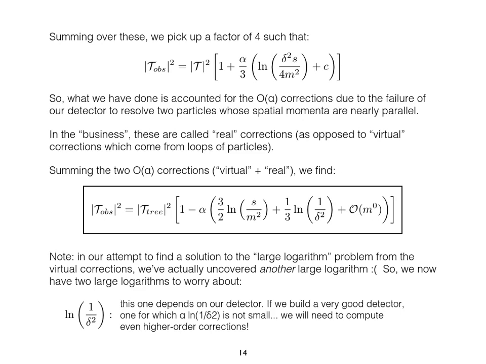Okay? And so we still have our big log, and in fact, our large logarithm problem now has doubled, right? Because now we have this guy, but we also have this guy, because this is some small angular resolution, and so it also blows up as well. Okay, so we've doubled the number of large logs that we have to deal with.